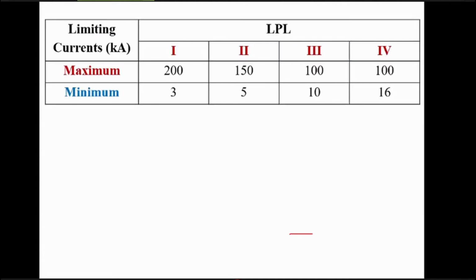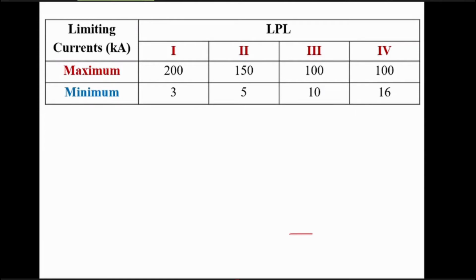Then when we define the withstandability of the lightning protection system, we say that depending on the level of protection, the lightning protection system can withstand, and is effective for, a maximum and minimum current.